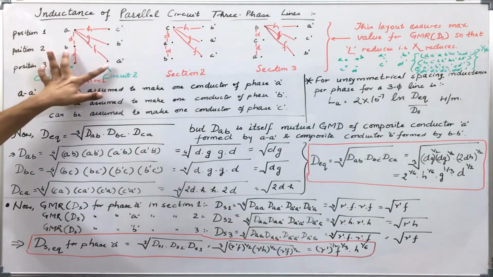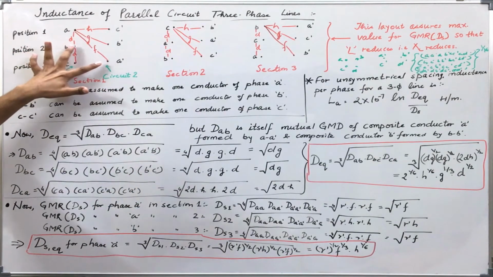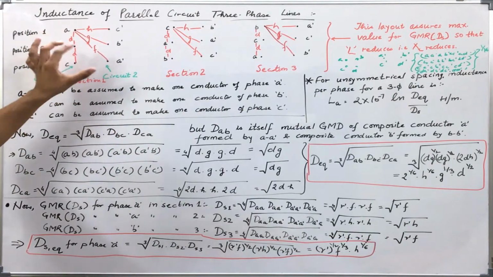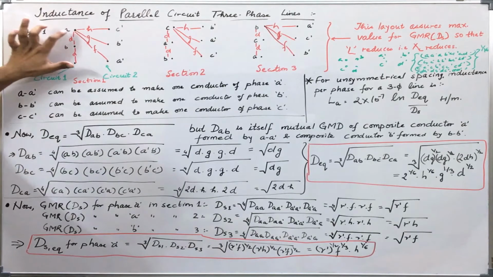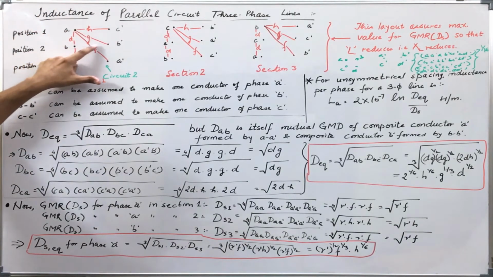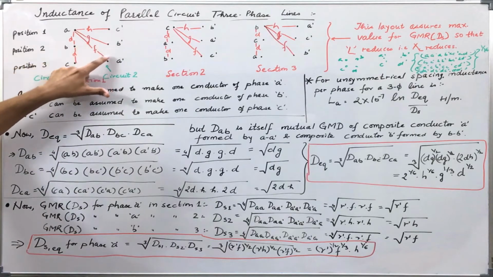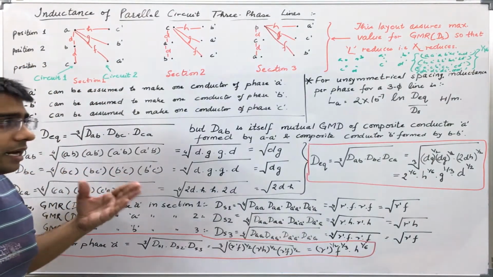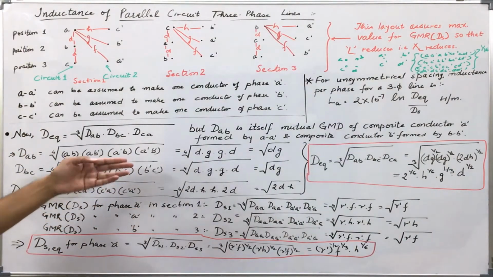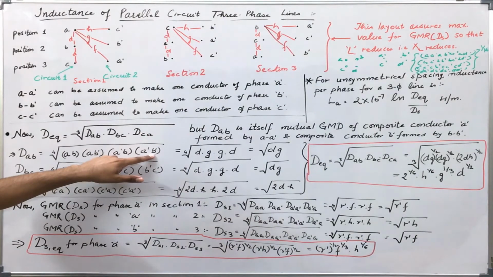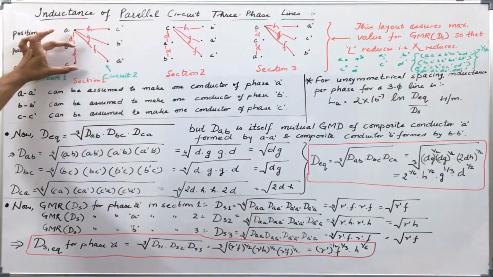A dash B is again G. Although I have not clearly shown, you can see that it is a diagonal of this rectangle. Similarly, A dash B is also a diagonal of the same dimension rectangle, so the value of A dash B will be G only. And what is the value of A dash B dash? A dash B dash is still D.